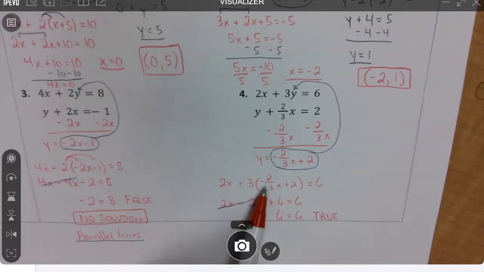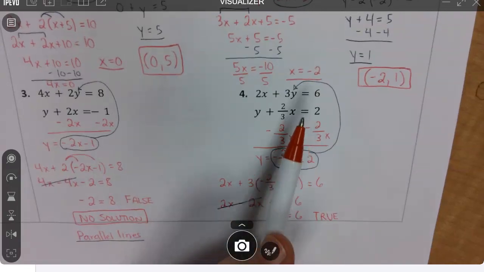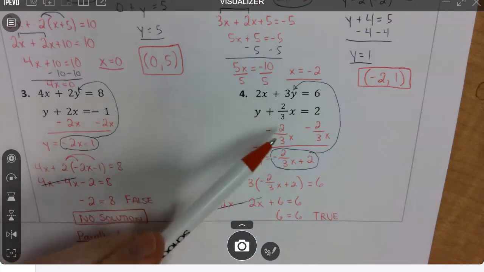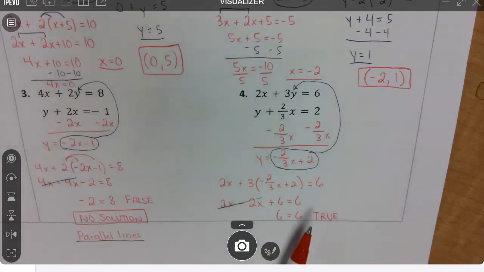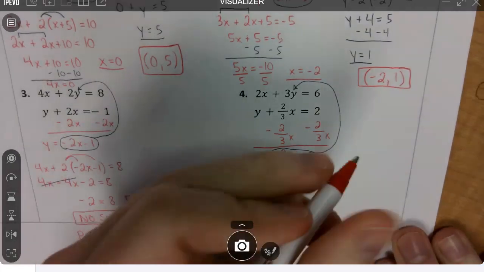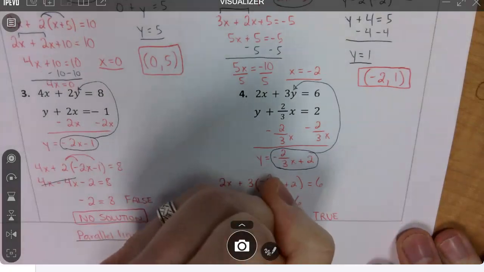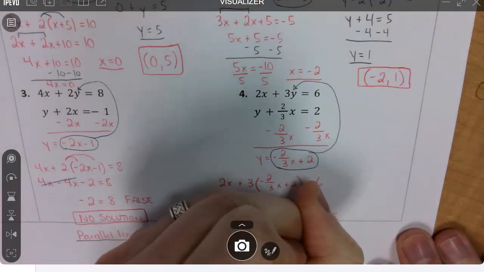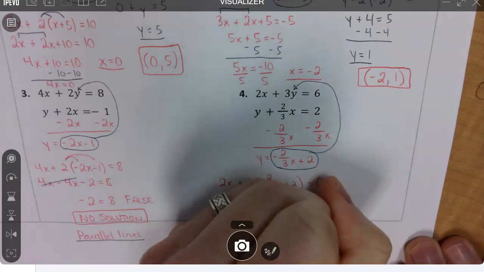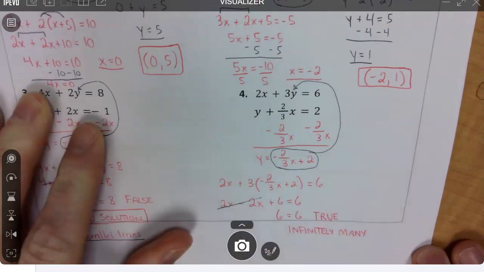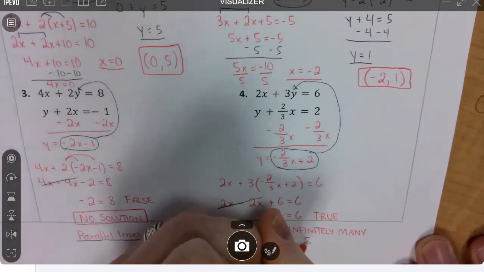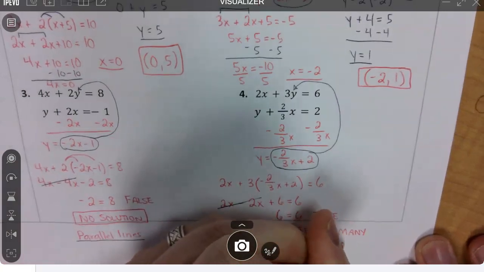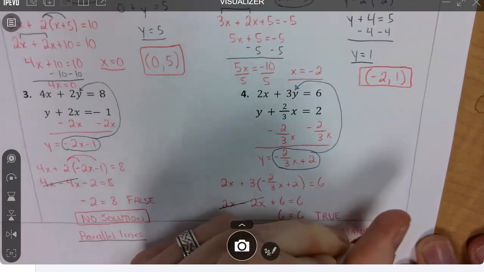And therefore, any value of y is naturally going to work in both these equations, because what this really means is there are infinitely many solutions. That was our third possibility. Okay? Infinitely many solutions. So that's my answer.